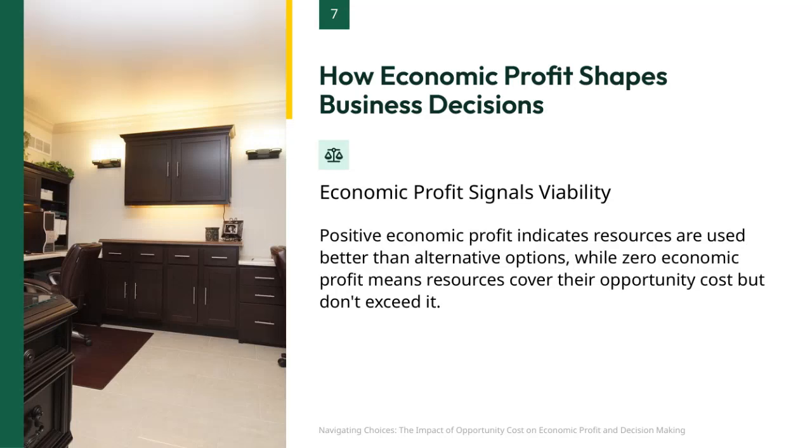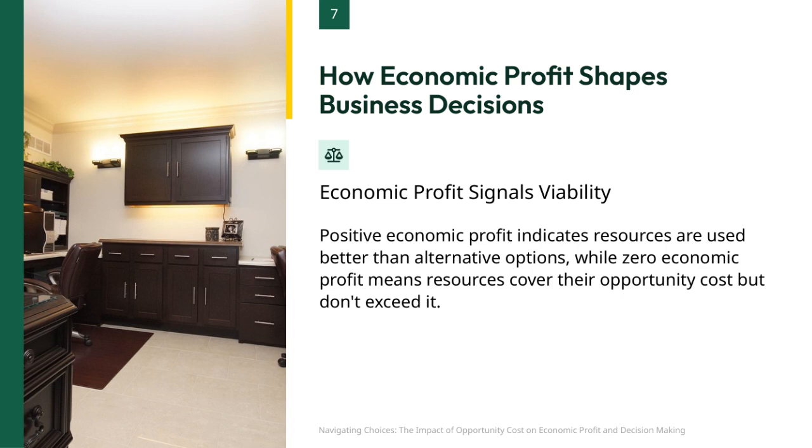Here we're focusing on how economic profit plays a crucial role in shaping business decisions. When a company achieves positive economic profit, it signals that its resources are being utilized more efficiently than any other available alternatives. This shows that the business is creating value above the basic costs of operating. On the other hand, zero economic profit means the resources cover their opportunity cost exactly.